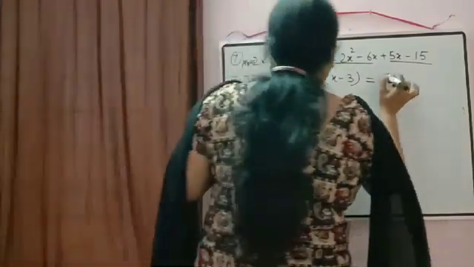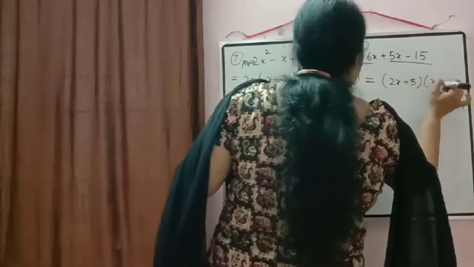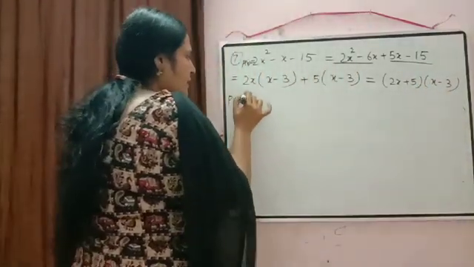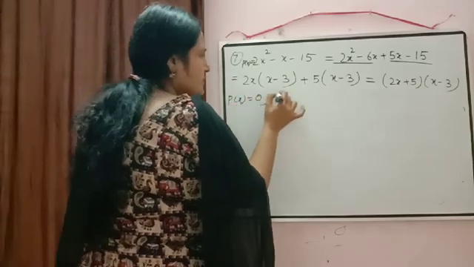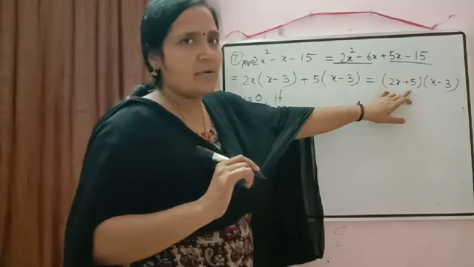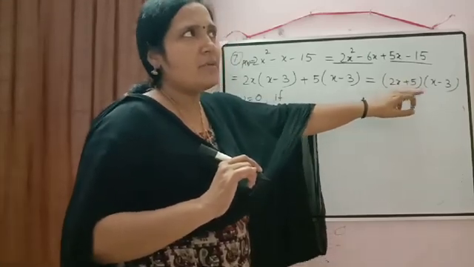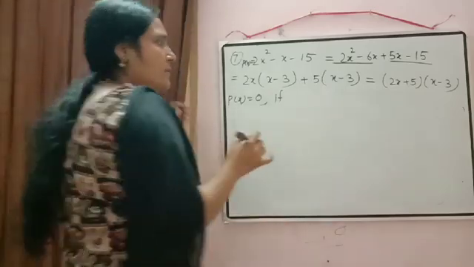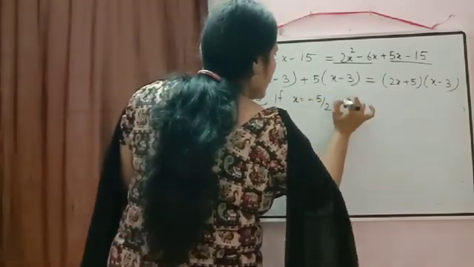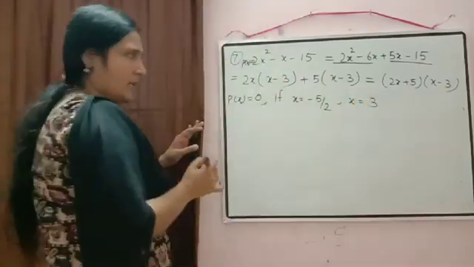So we will get here the factors as 2x plus 5 and x minus 3. Then you write down here P of x is equal to 0 if the first one 2x plus 5 is equal to 0. So if 2x plus 5 is equal to 0, what you will get? x is equal to minus 5 by 2. Or x minus 3 is equal to 0, then we will get x is equal to 3.